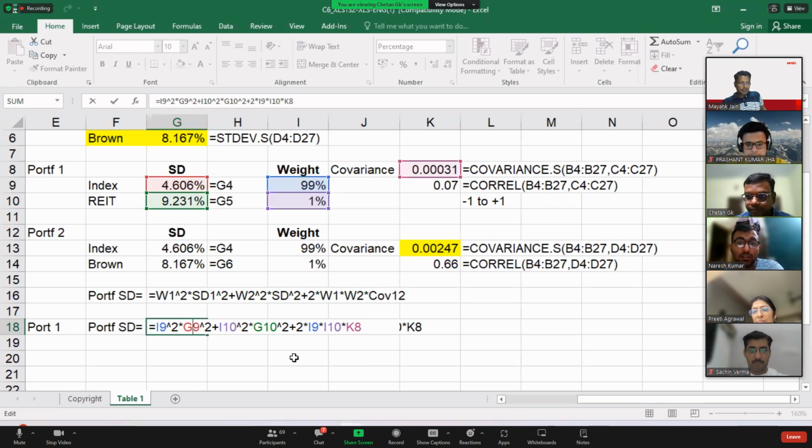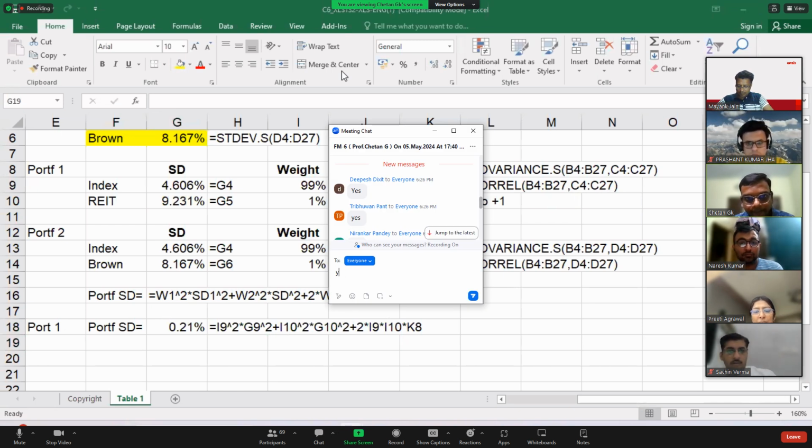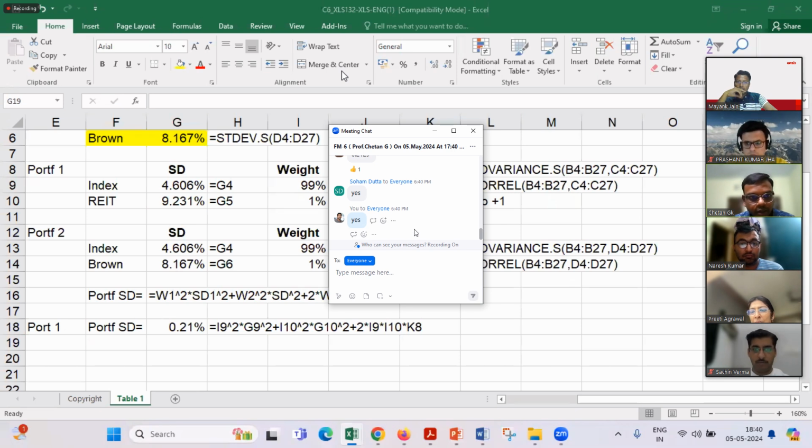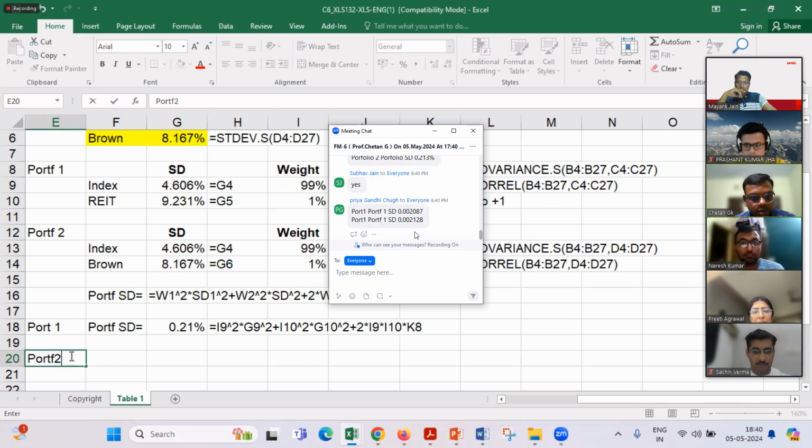Like this. How many of you are getting 0.21%? Just put S in the chat box. Let's see. Okay, you put already. Fine. Great. So now we'll compute the portfolio 2 standard deviation.